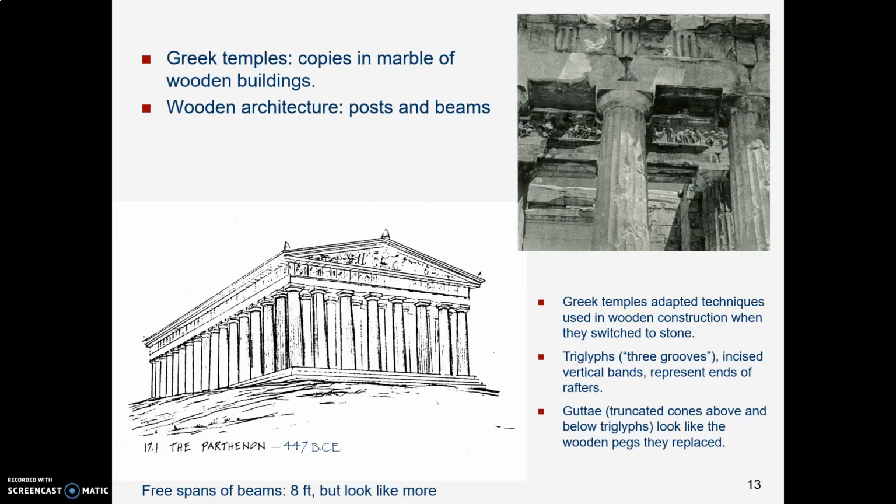Okay, this takes us to the last 2 or 3 slides about Greek temples. You may be aware that in ancient Greece, Greece was forested. It was covered with big, I think they were cypress trees. And this was thousands of years ago.